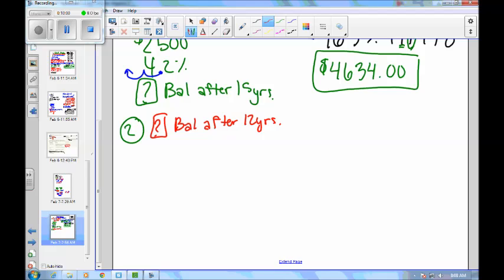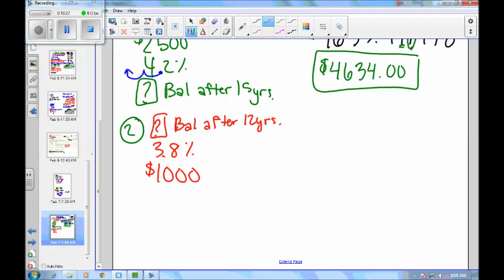What else is important? The rate, 3.8%. Austin? $1,000 initial amount placed in.